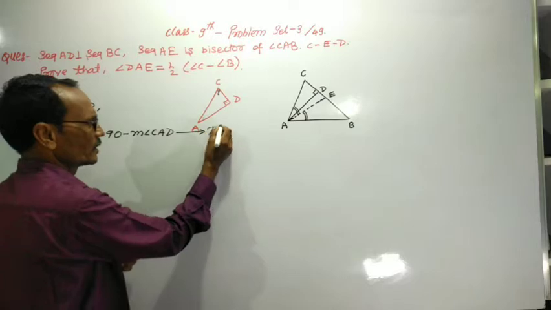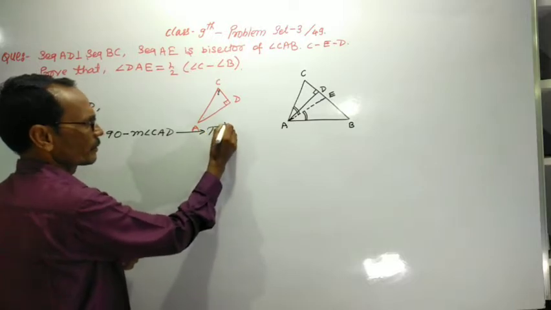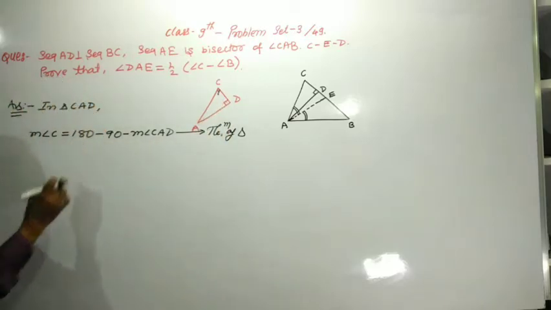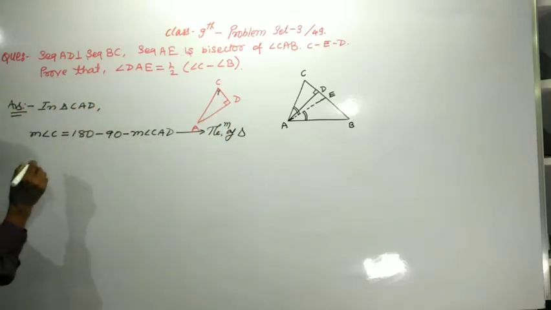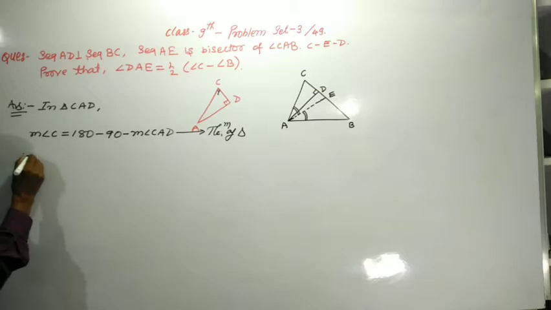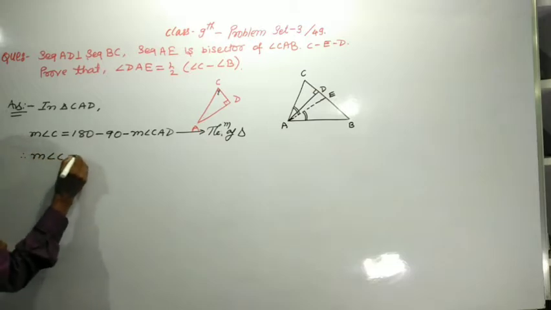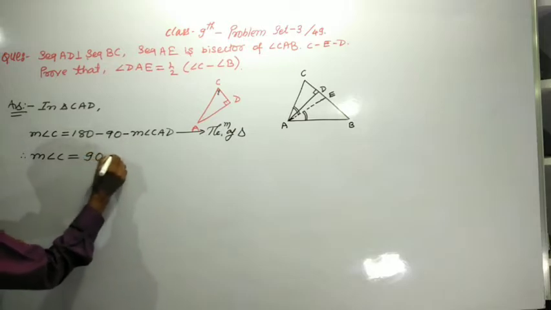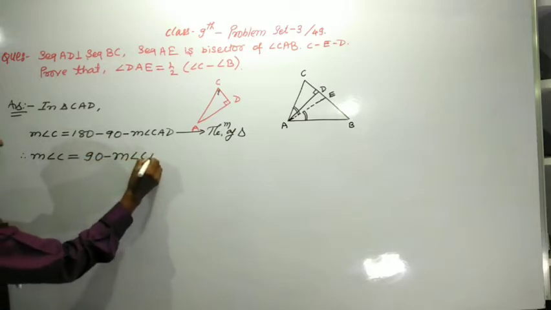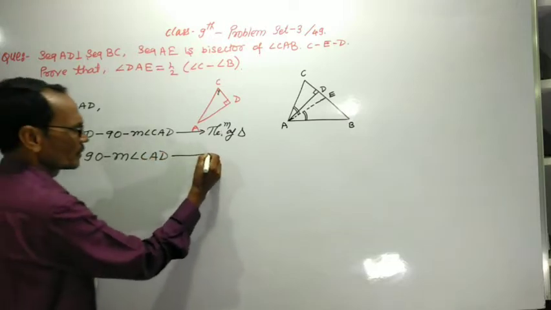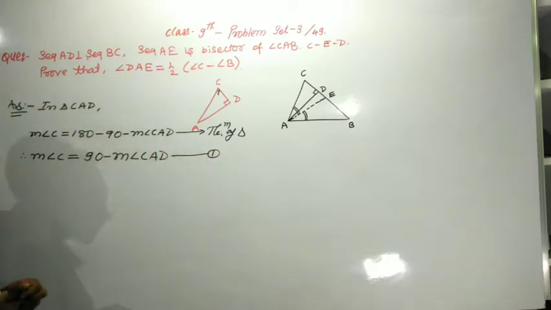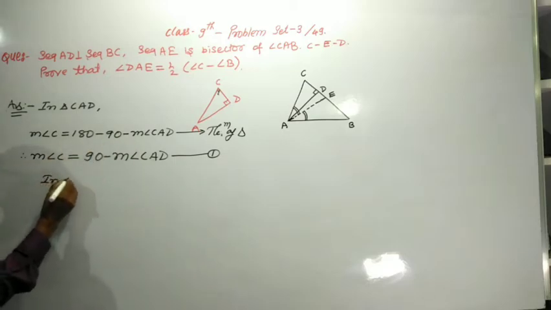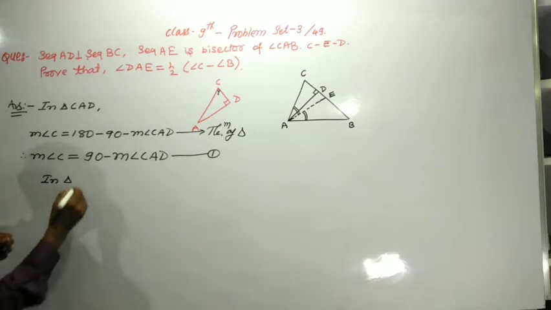This is the theorem of triangle: sum of interior angles equal to 180. Therefore, measure of angle C became equal to 180 minus 90, that means 90 minus measure of angle CAD. This is number 1.